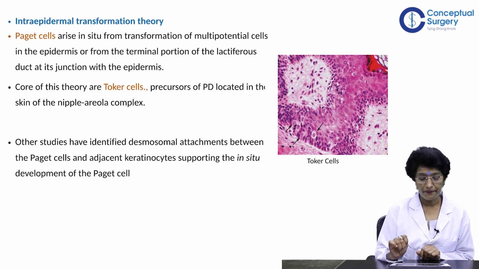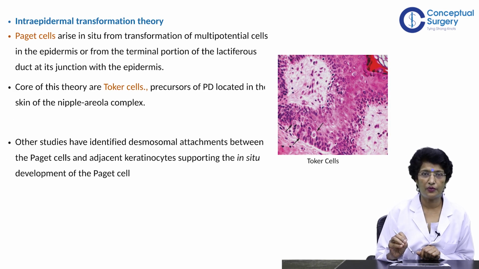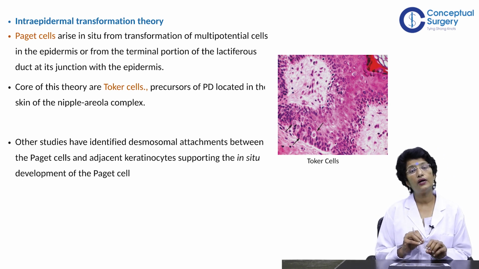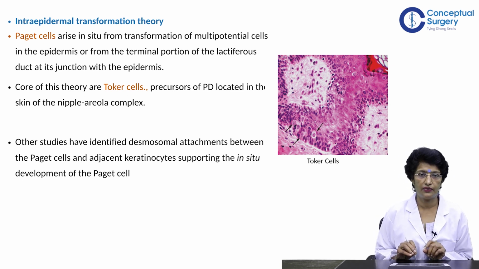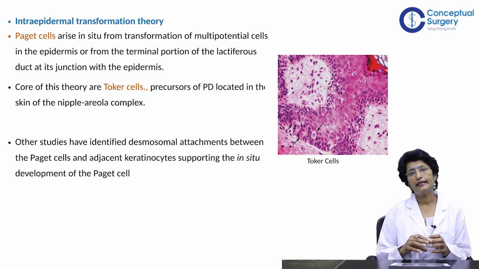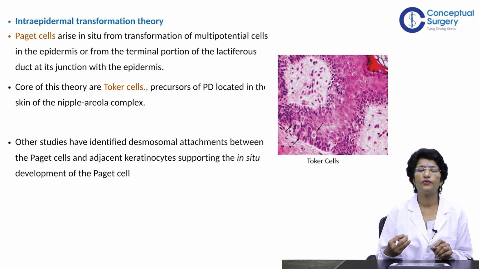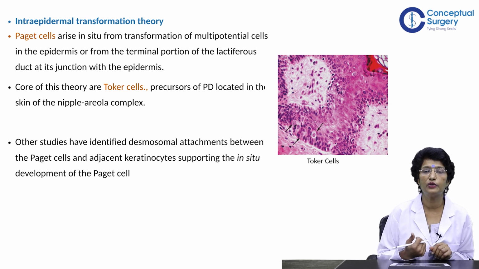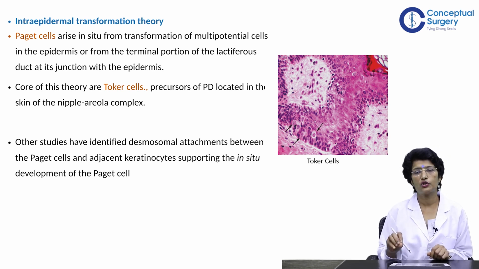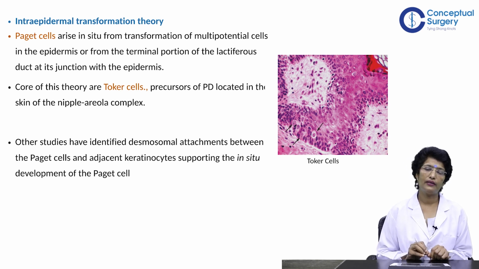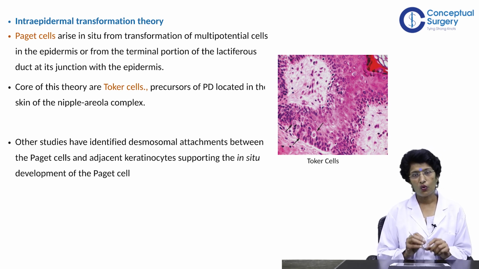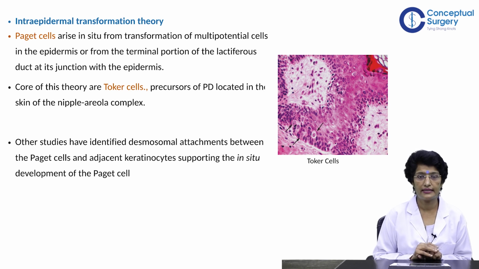That is where the second theory was propounded, the intraepidermal transformation theory. The understanding is that the Paget's cells arise from a transformation of multipotential cells in the epidermis, or from the terminal portion of the ducts at the junction with the epidermis. The core of this theory is the Toker cells.